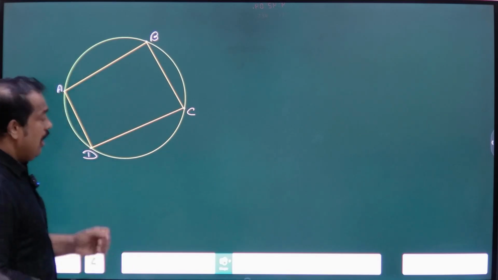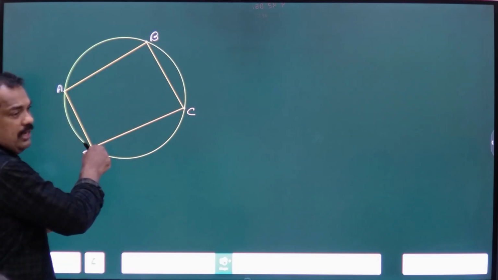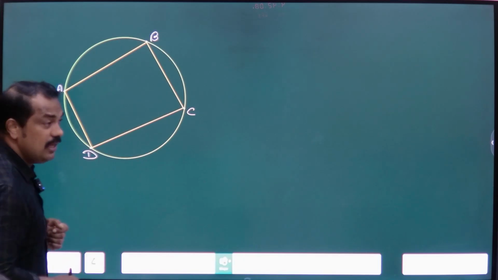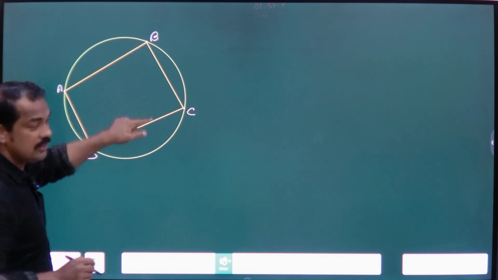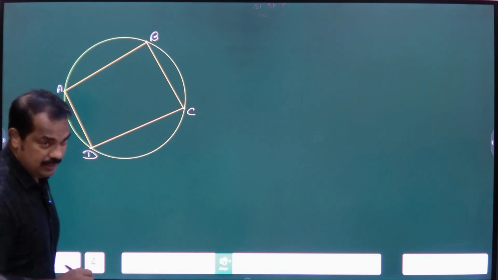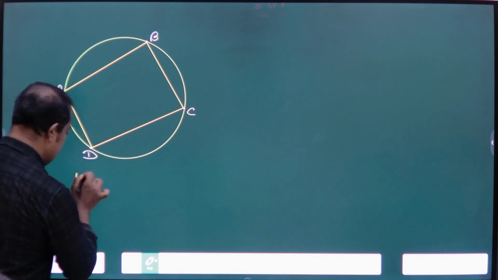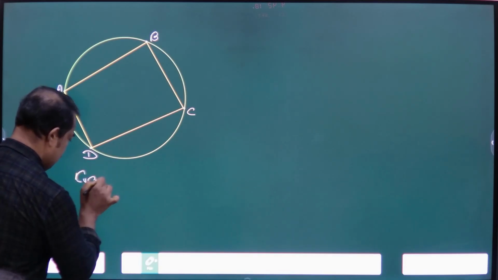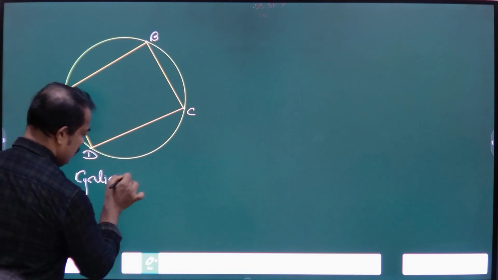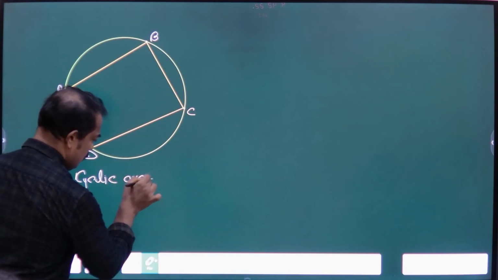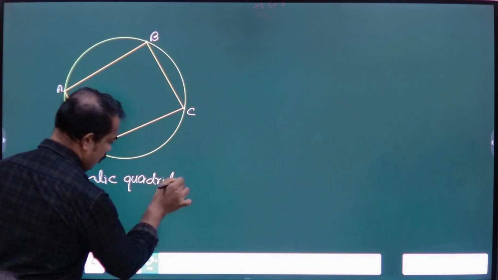But all the vertices of this quadrilateral lie on the circle. Such a quadrilateral is called a cyclic quadrilateral.